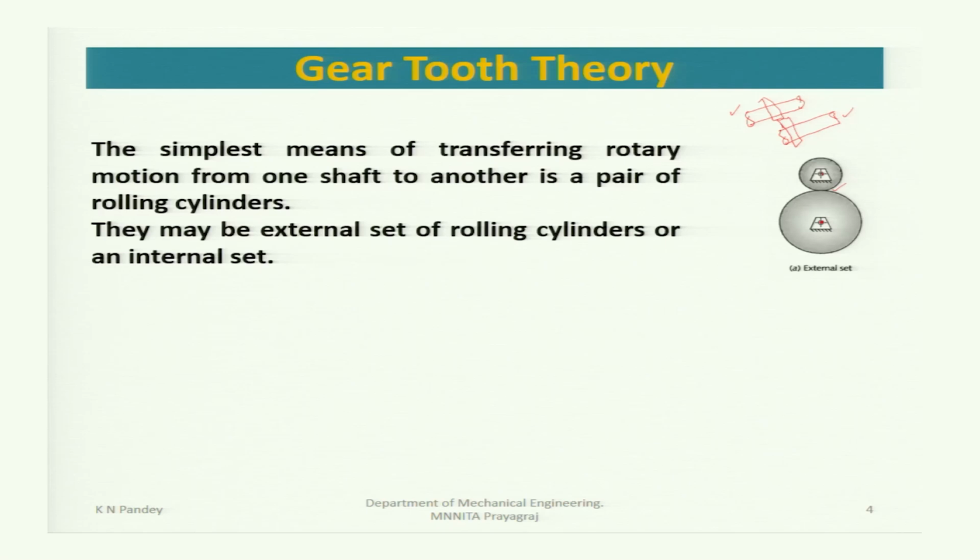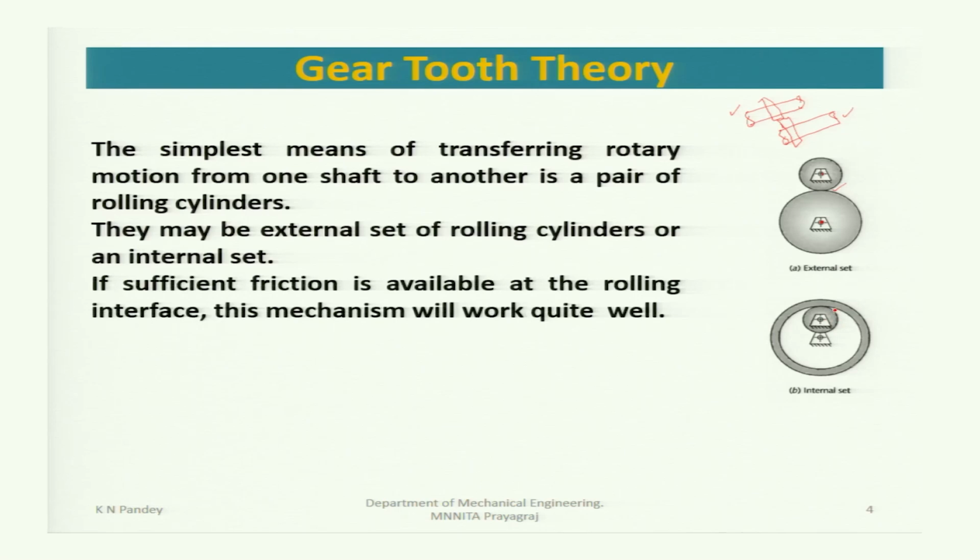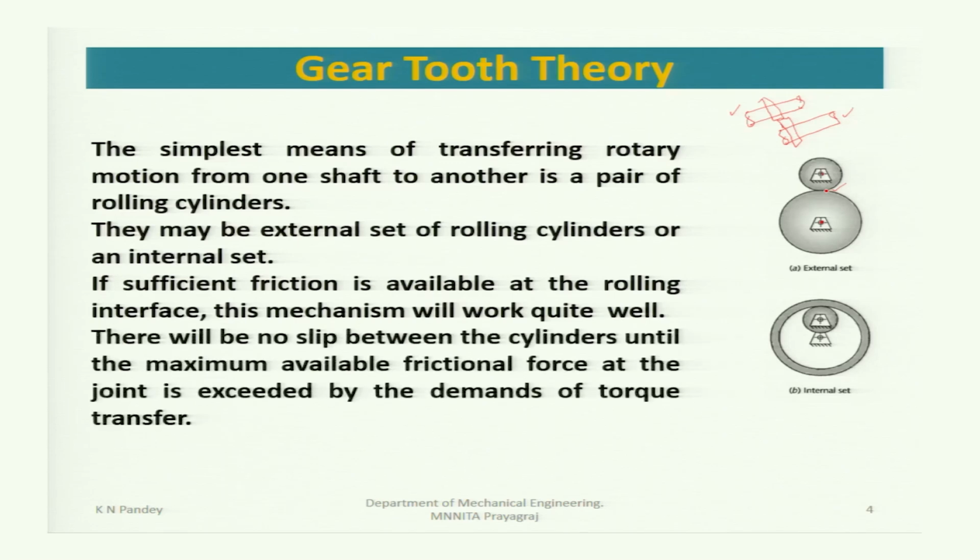They may be an external set of rolling cylinders or an internal set of rolling cylinders. In the second diagram, this is an annular ring and this is a disc, and we want to transmit power from one to another. If sufficient friction is available between these two discs, then this mechanism will work quite well.